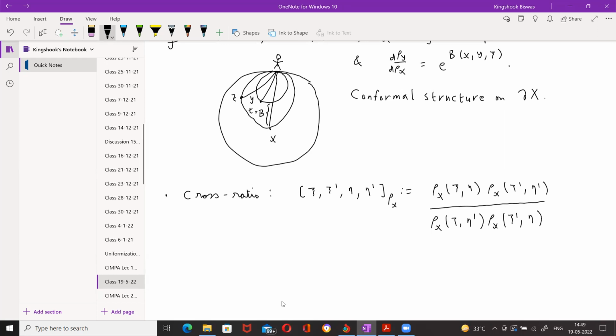So this is similar to the formula that we have for the Euclidean cross ratio. Instead of the Euclidean distances, we're using these visual distances.